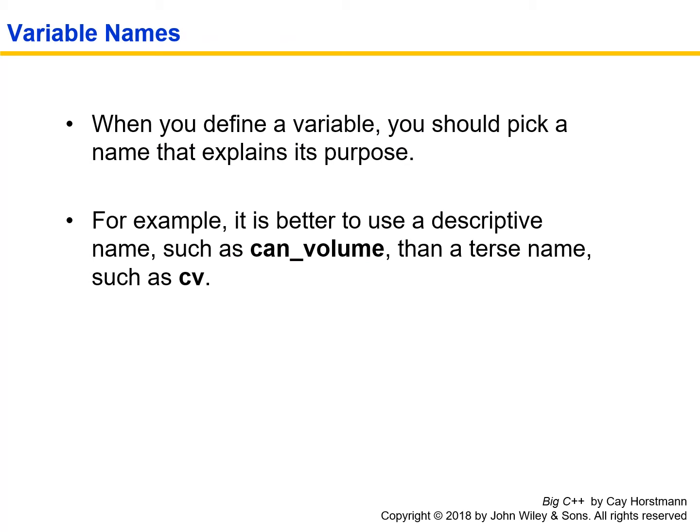As we've said before, variable names should explain the purpose or the contents of the variable. A lot of people like trying to save themselves keystrokes by abbreviating can volume to CV or just vol, which tells me it's a volume maybe, but not that it's associated with a can. In today's integrated development environments like Visual Studio and Xcode, there's a lot of stuff built in that will help you complete your variables.